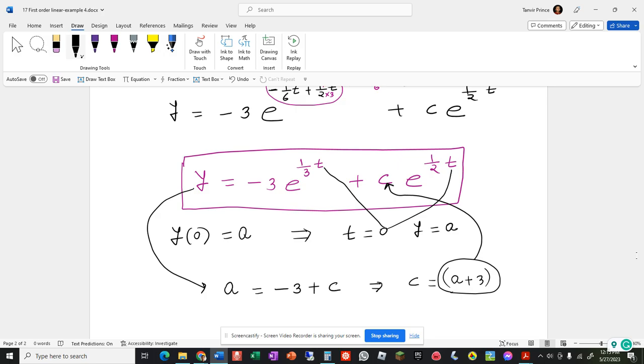Of course, a is some given number. The question does not give you a specific value of a, so you're thinking of a as a parameter. So a can take any number.